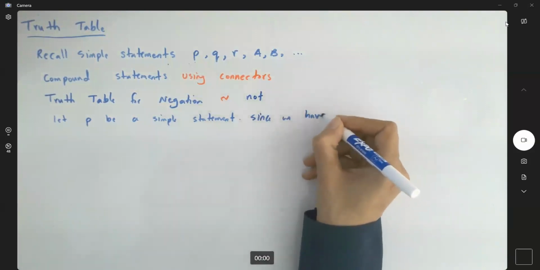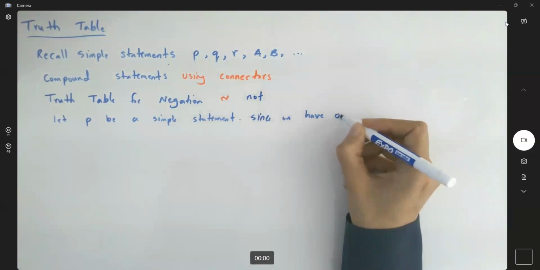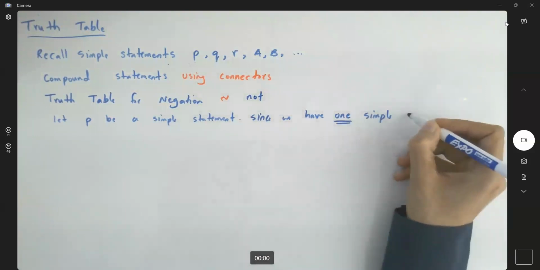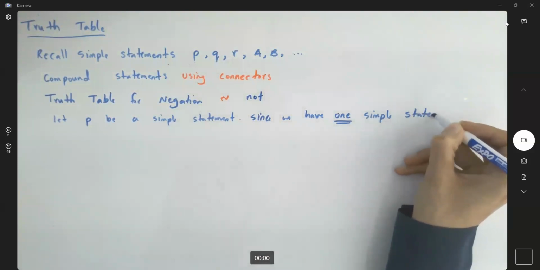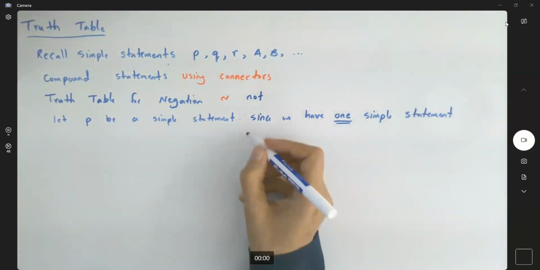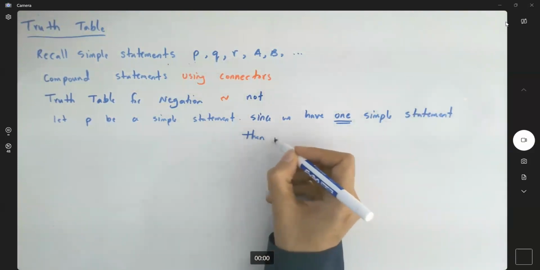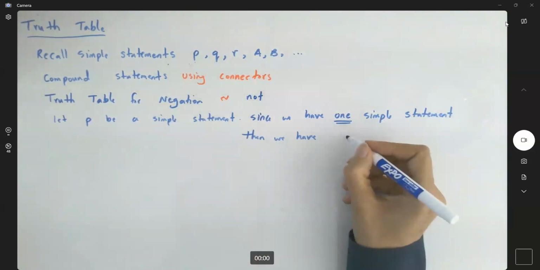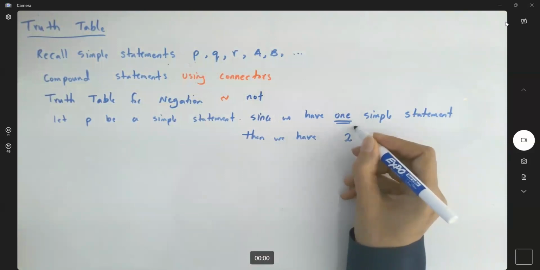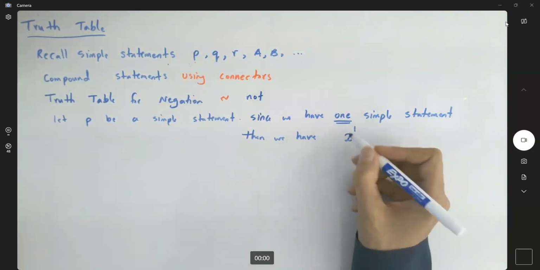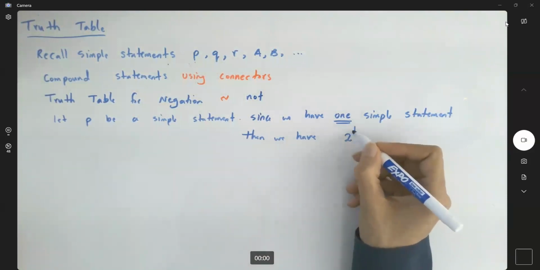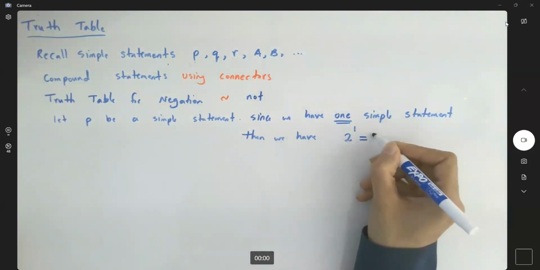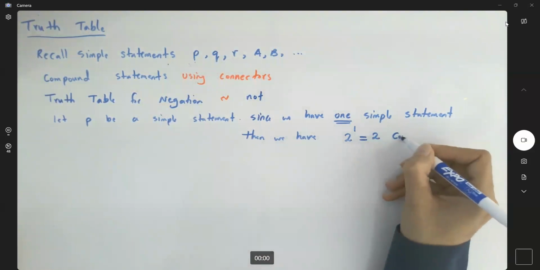Since we have one simple statement, we have 2 raised to 1, which is equal to 2 combinations.